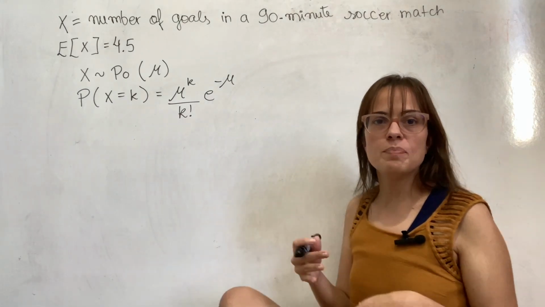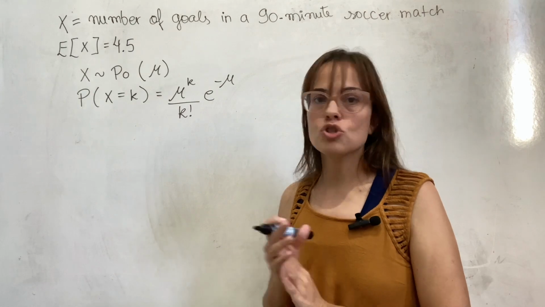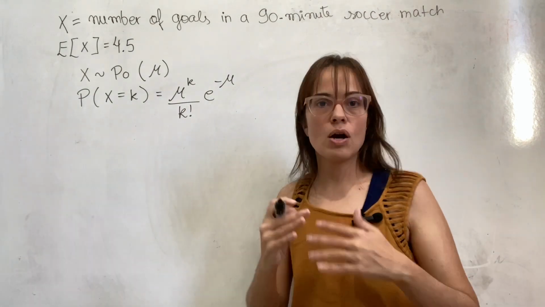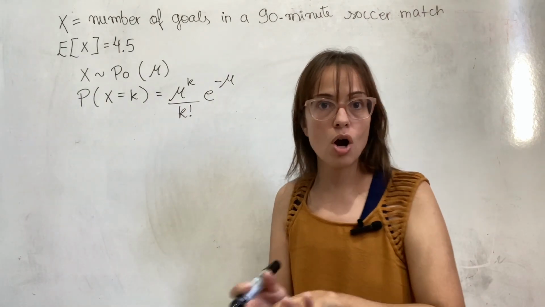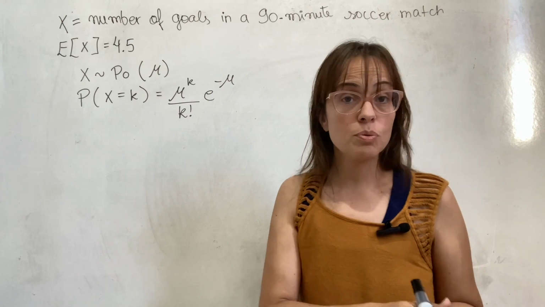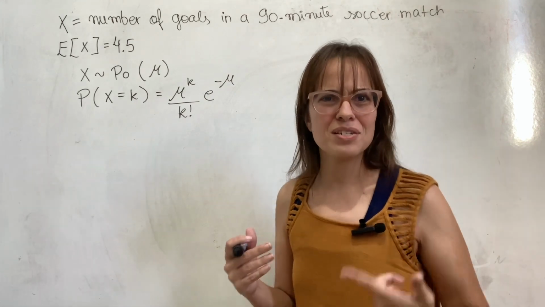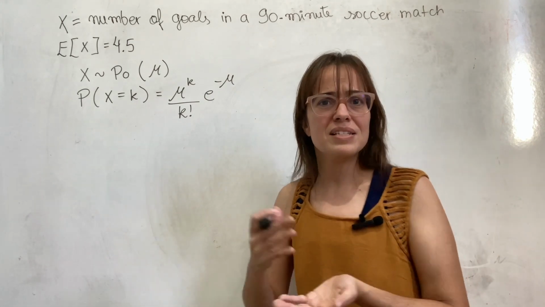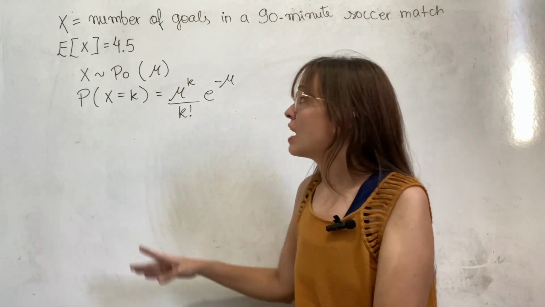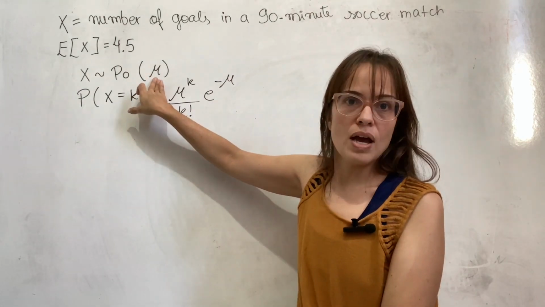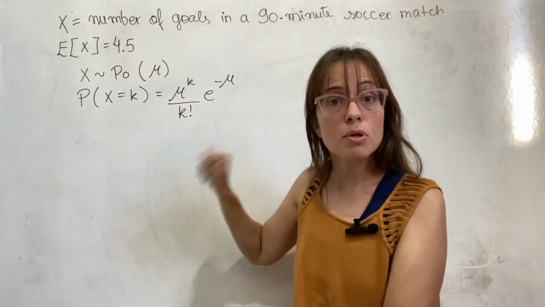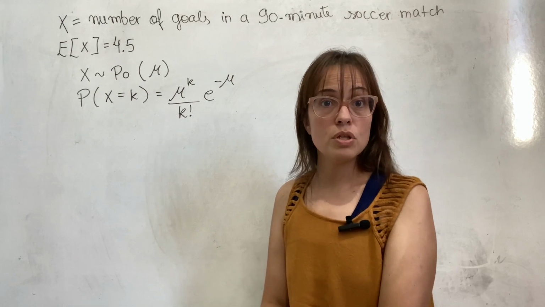Now, it wouldn't be necessary for us to take this formula now and try to calculate the expected value of the Poisson random variable, because this is kind of a circular thing. We started by definition with the fact that the expected value was this mu. But I'm going to write that down anyway because it's going to be interesting.